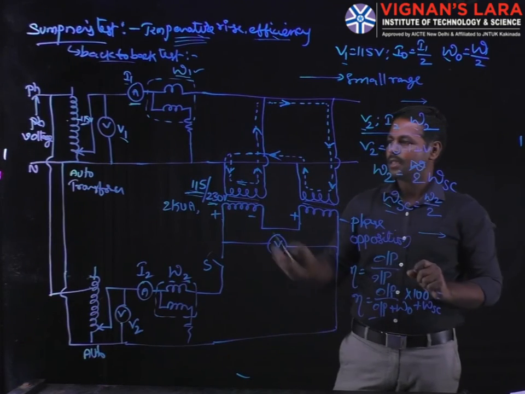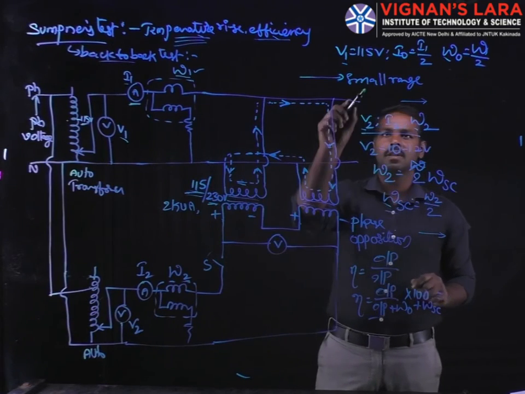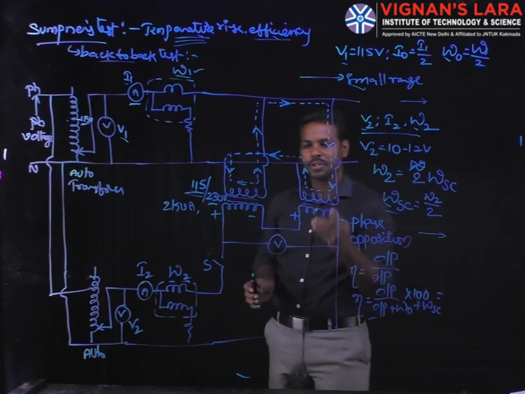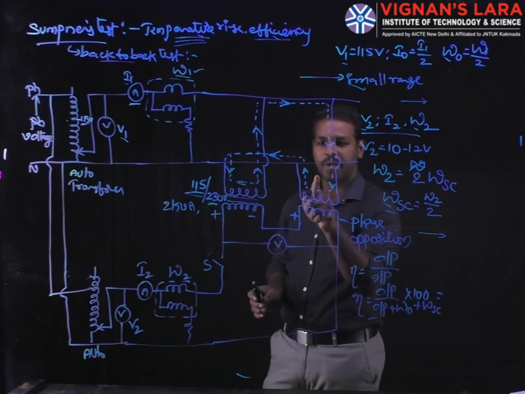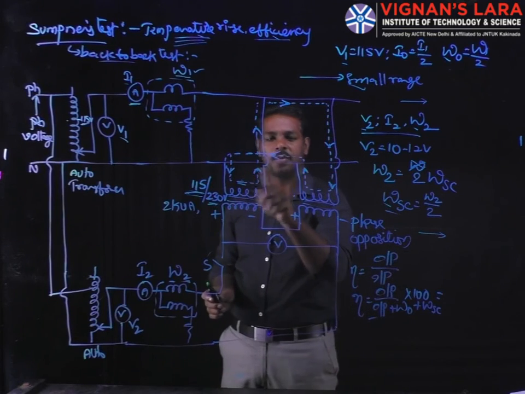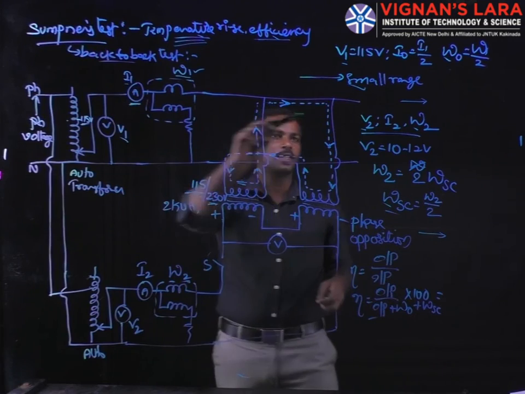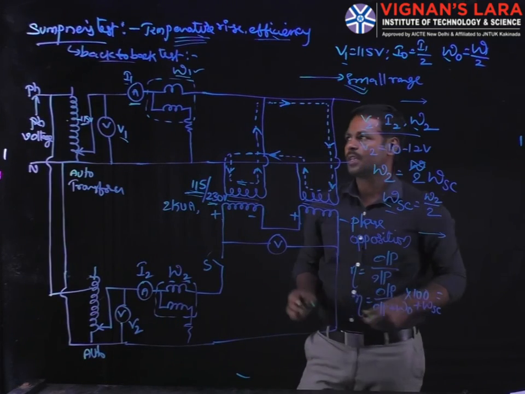That's why the Sumpner test is always conducted on a small range of transformers, because the full load current is completely carried by the LV windings. That means only small amounts of current are applicable. So that's why the Sumpner test is always applicable for small range transformers.